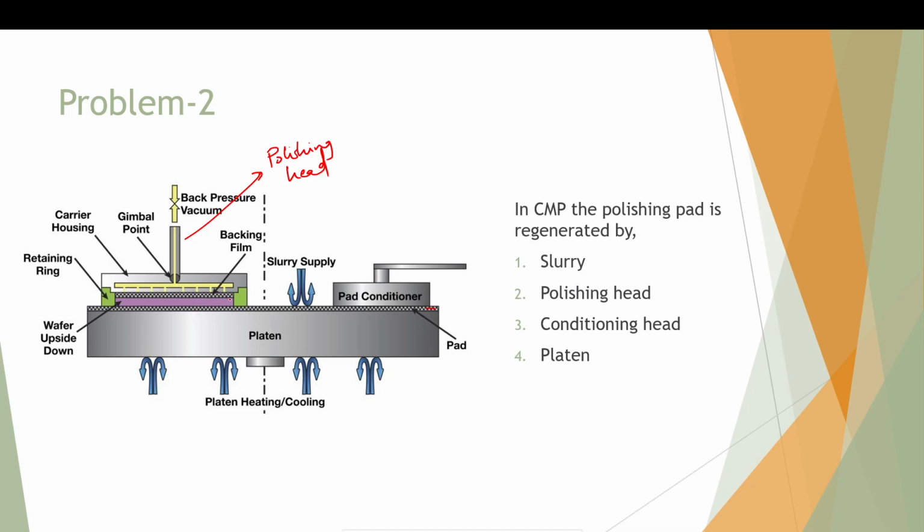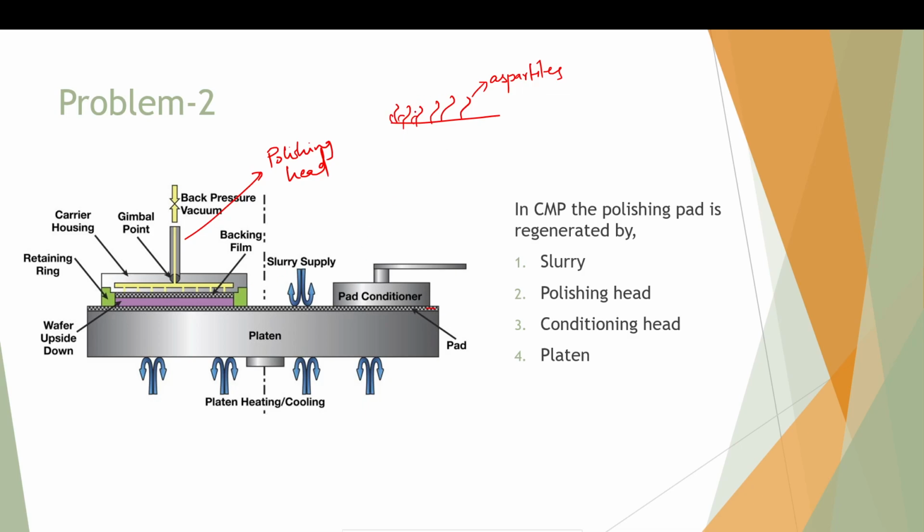As we process the CMP, this pad usually has microfiber-like structures on top of it. These are called asperities. As we start reducing the material on top of the wafer, the material that is getting removed or etched will get stuck with these asperities, also the abrasives.